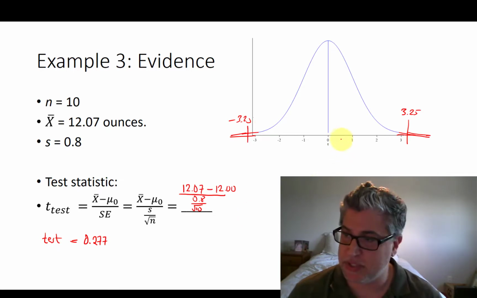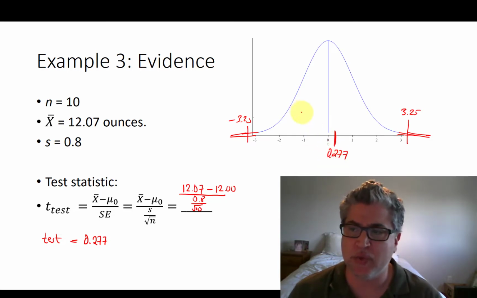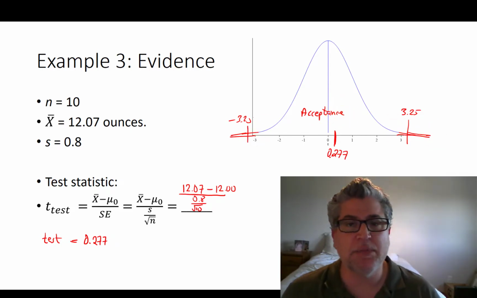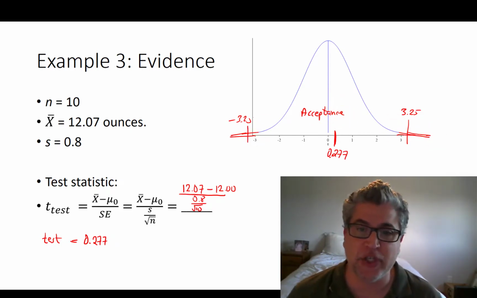Now that puts us right here. 0.277. We are squarely in the acceptance region. We're not at all in the tails. So this is completely allowable variation for a sample of 10 Coke cans. Nothing to worry about here.